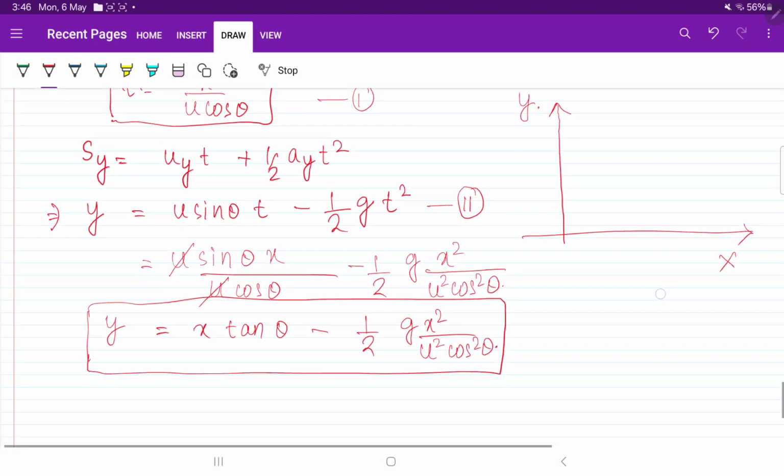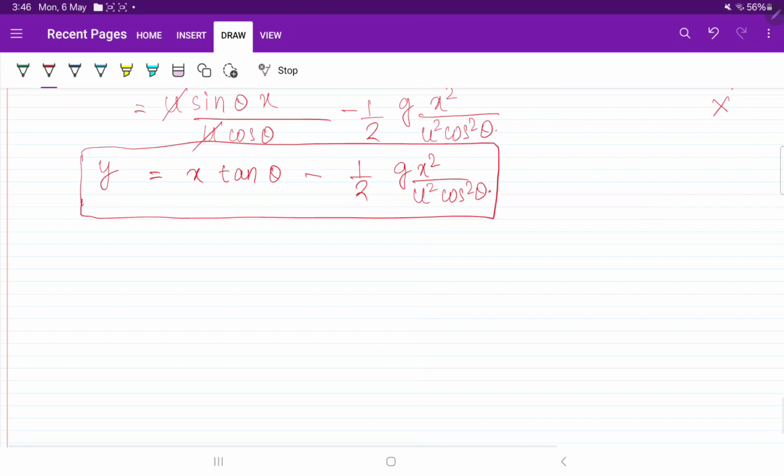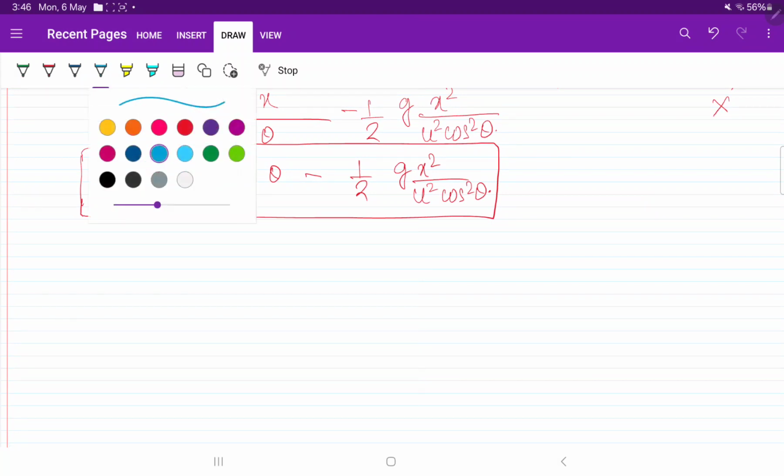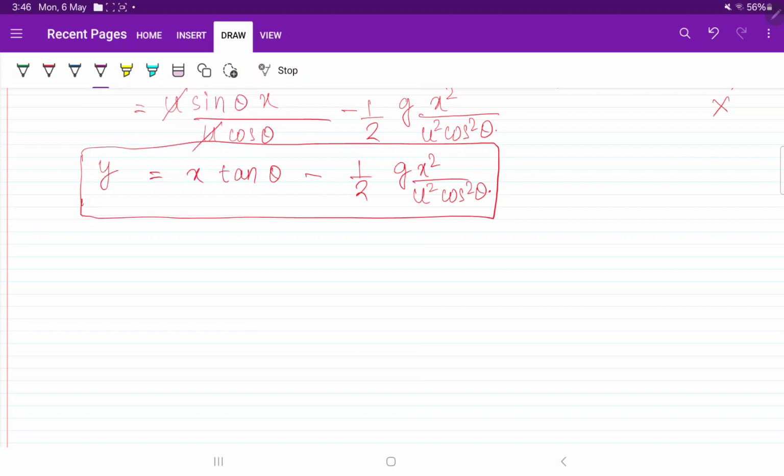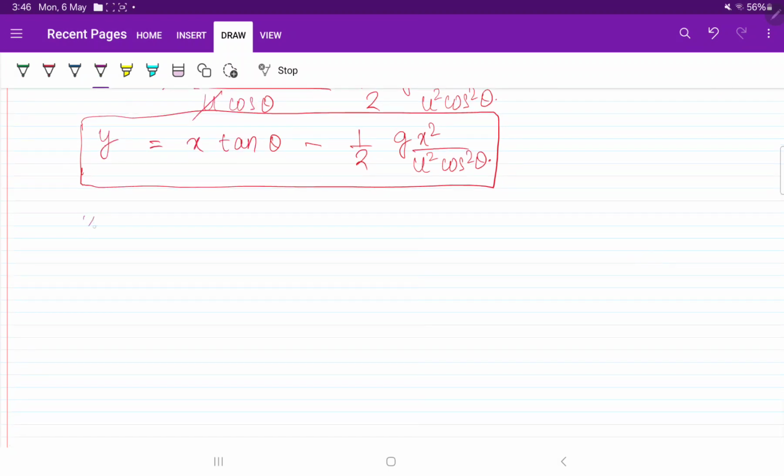Okay, simply you can see that before drawing the graph of this type of function, we basically discuss some basic function. Let's show that y is equal to x square. This is a simple graph. This type of graph is known as a parabola passing through the origin. So this is an upward parabola.